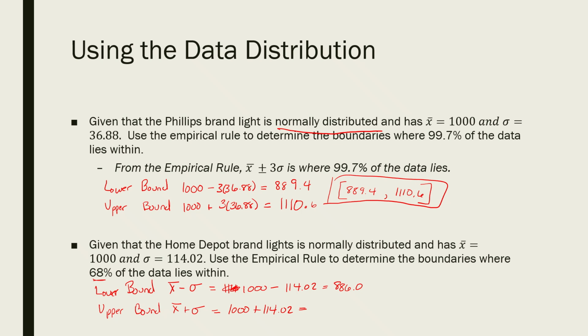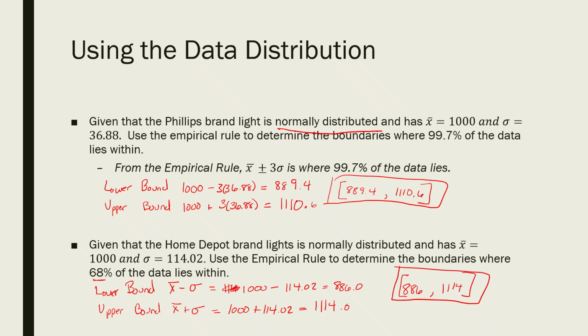And I have to add it. I did a subtraction again. So I will get this value, which is 1,114.0. So this is just 886 to 1,114. That is my final answer.